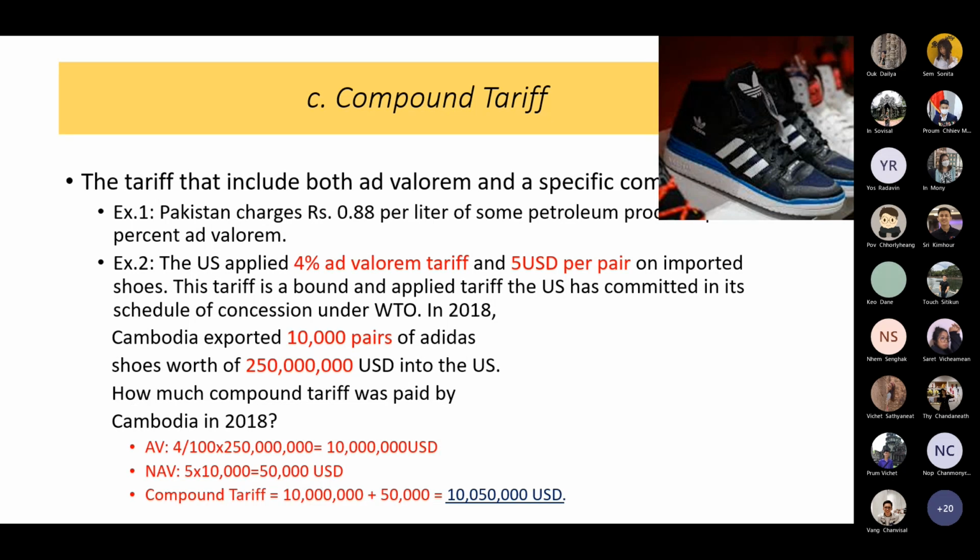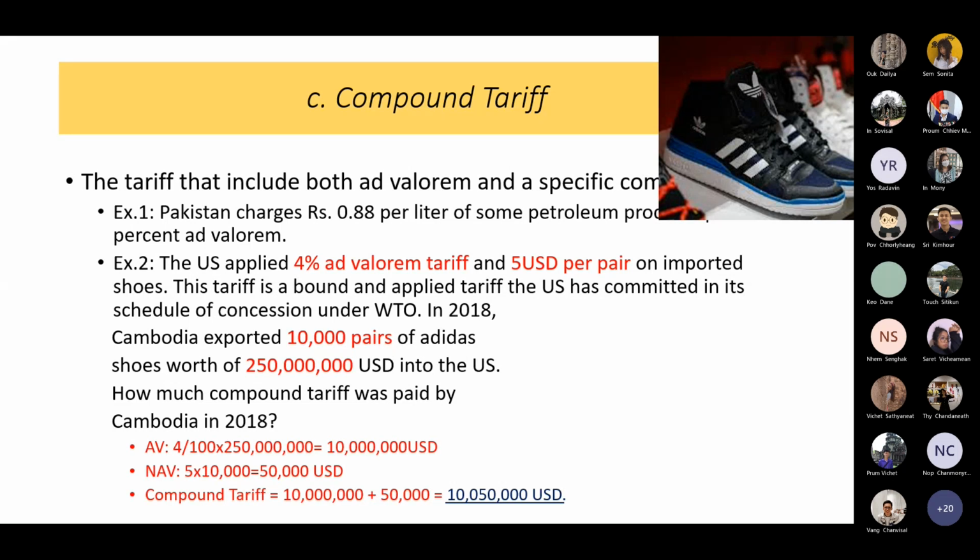And for the specific, $5 per pair, and how many pairs? 10,000 pairs, so $5 multiplied by 10,000 pairs gives another $50,000.